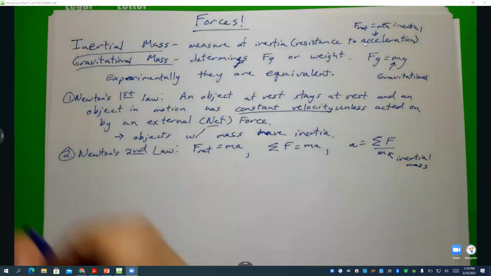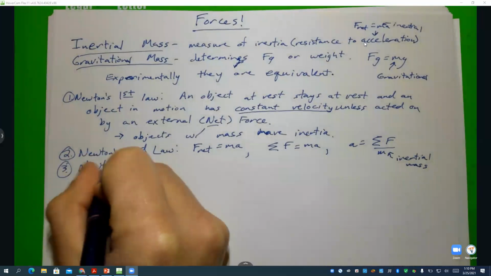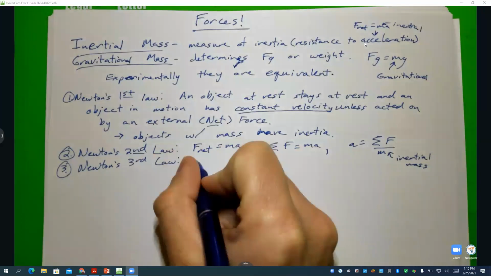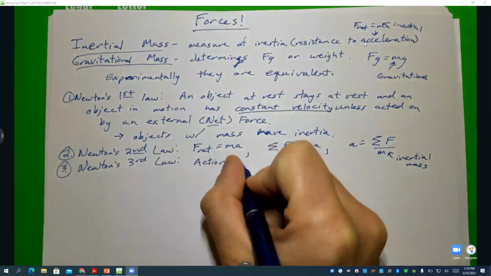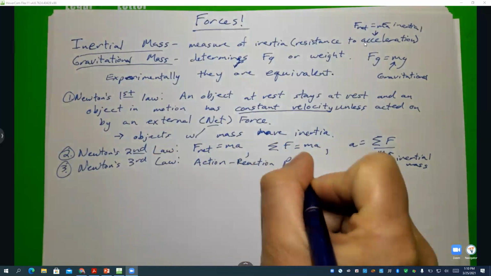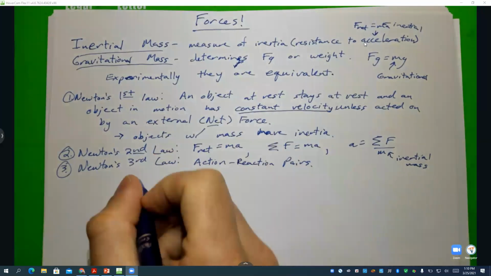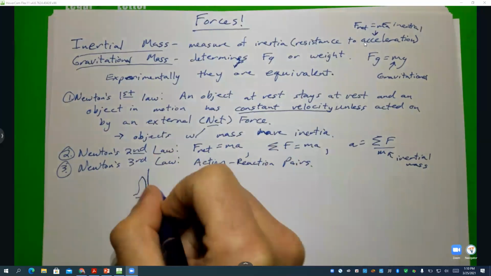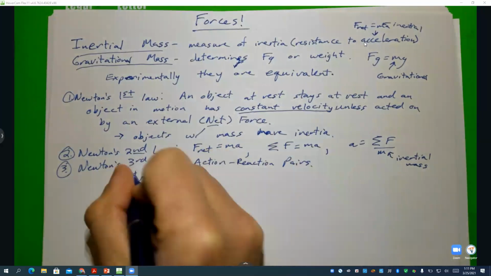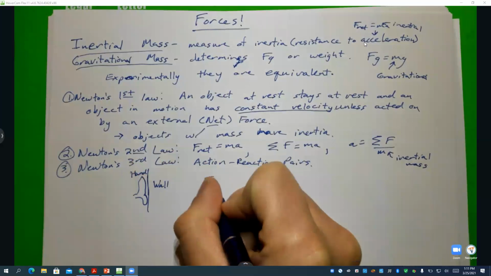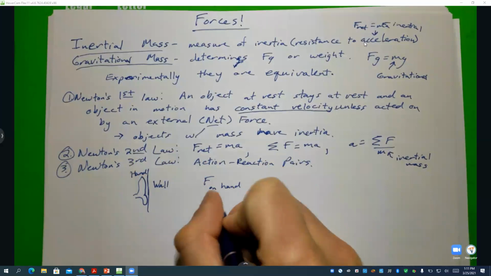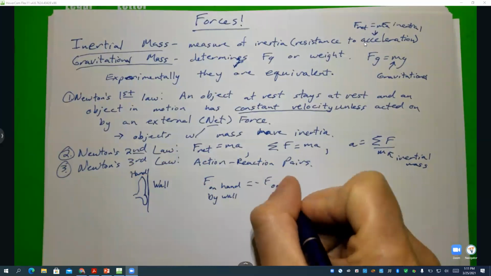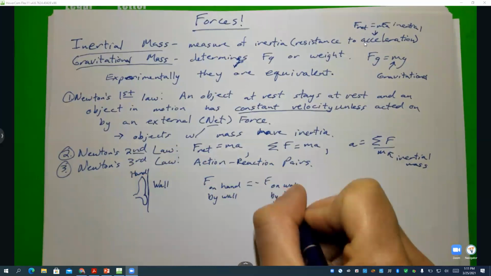Newton's third law is the action reaction pairs, where if we have two objects, a hand, this is going to be a really great hand, pushing on a wall or any other object, the force on the hand by the wall is going to be equal to the force on the wall by the hand.